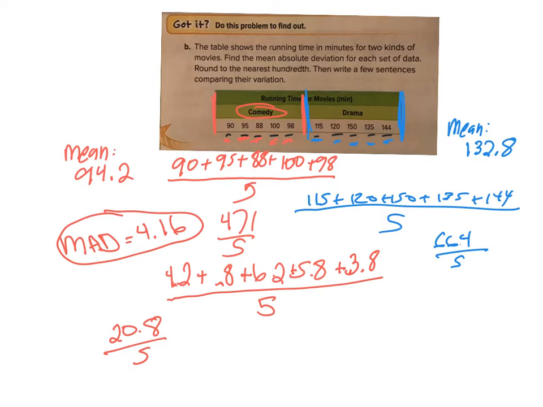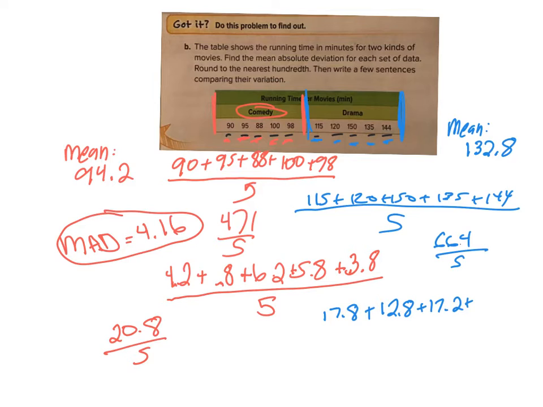Now I got to find the difference between each one of these and the mean. So we have 132.8 subtract 115. The difference of the first one is 17.8. And I'm going to add that to the difference of the second one, which is going to be 12.8. Add that to the difference of the third one, 2.8, which is 17.2.